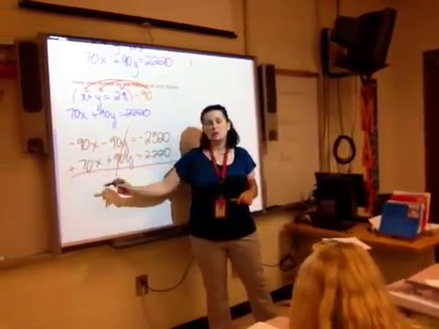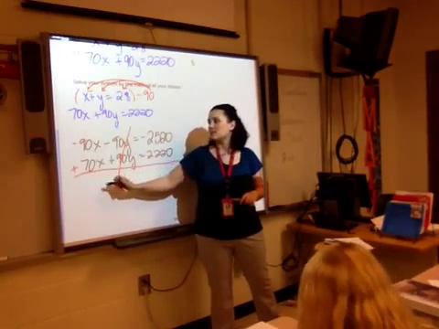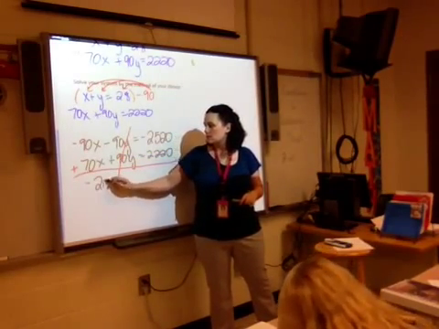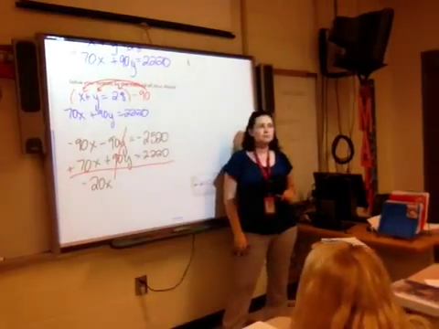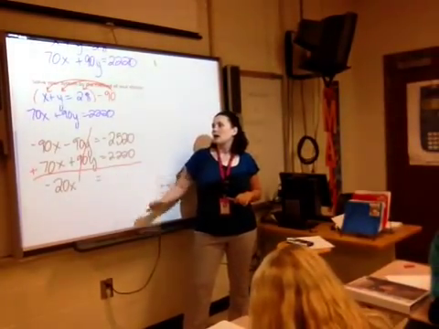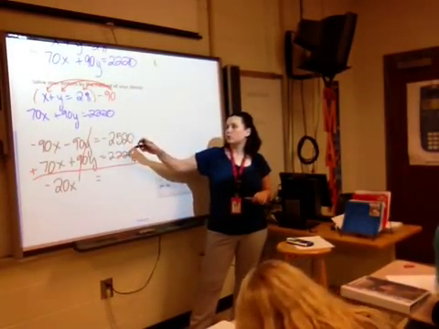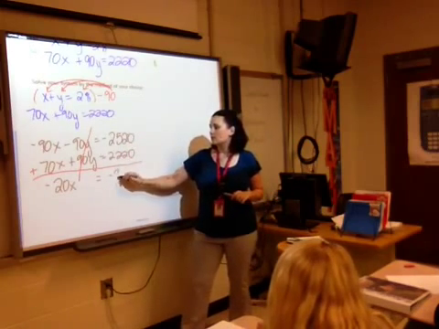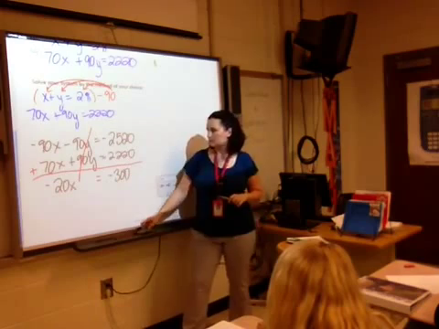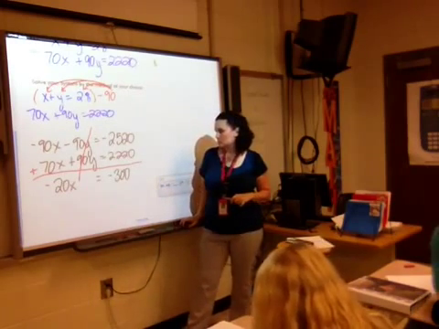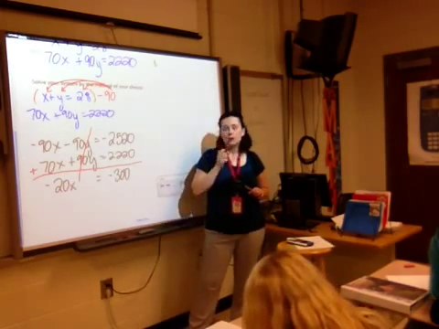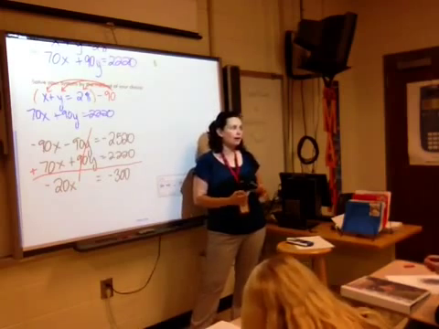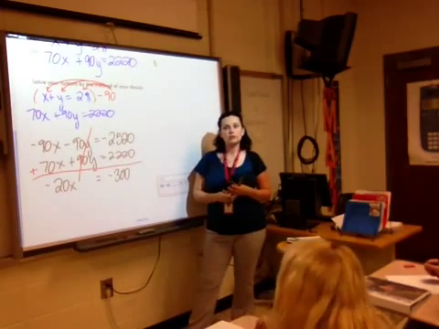And you're adding to combine them. Negative 90 and a positive 70 is negative 20x. And negative 2,520 and a positive 2,220 is negative 300. What am I going to do to isolate x, to get x all by itself?